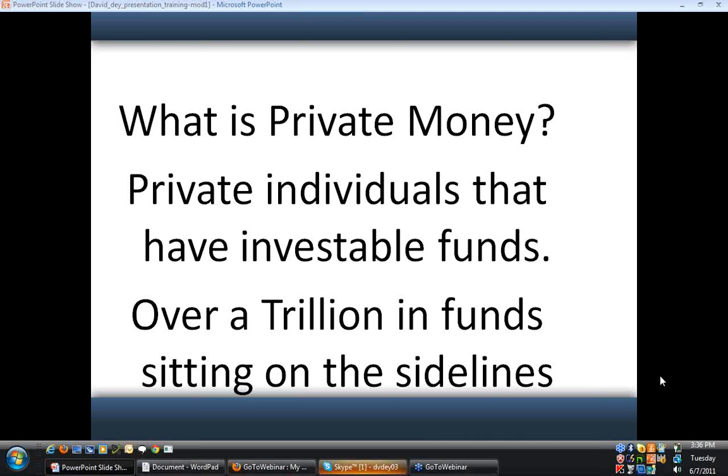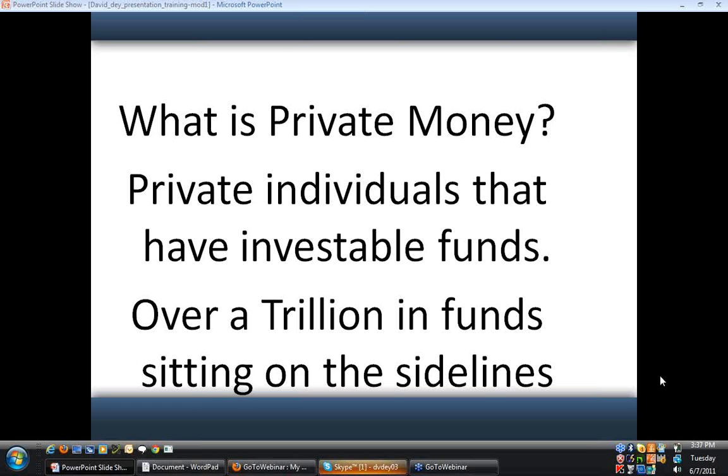And this is an incredible asset that we can dig into. That's over $1 trillion. We have an almost unlimited amount of funds that are sitting on the sideline waiting for us to show them how they can get and earn a safe, consistent return on their money.